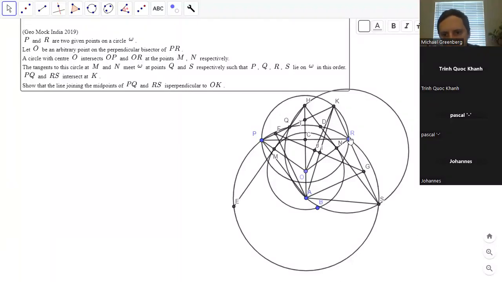Okay, and QSR. So then we want to show that QSA is OHM, and that follows because they're cyclic.